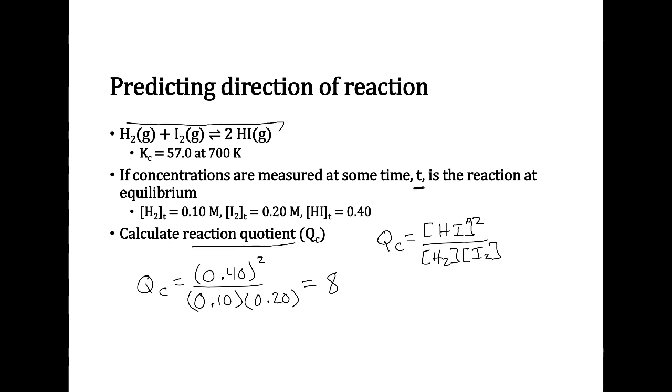So what we'll see is that QC is 8 and KC is 57. So since QC does not equal KC, that means that we are not at equilibrium. So from here, we can try to predict which direction the reaction will go. If we need to make this value larger, that means we need more products. So since QC is less than KC, the reaction is going to proceed to the right. We're going to form more products.